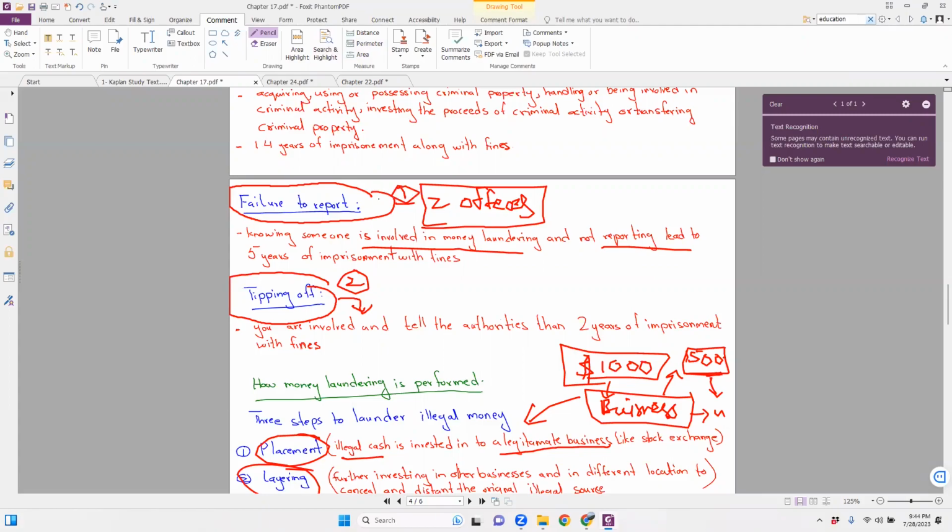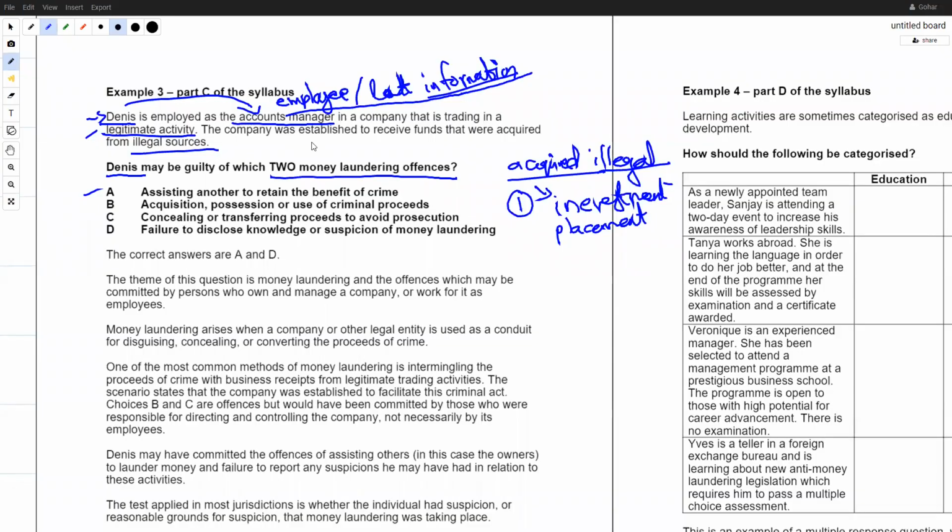Yes, Dennis knows that the company was started by illegal sources, but still at the same time Dennis is not reporting it to the authorities. So Dennis is assisting the owner of the company to retain the benefit of the crime. Dennis is not reporting it, so the company is making lots and lots of profits at the same time by the illegal cash, and the benefits of the crime are not being told to the authority, and Dennis is involved in that.